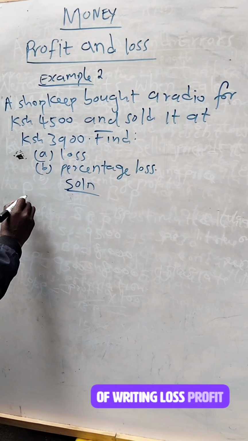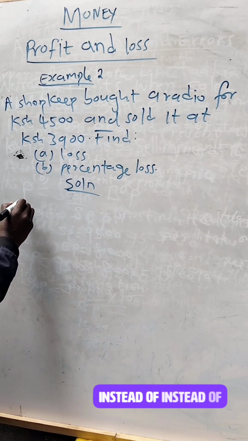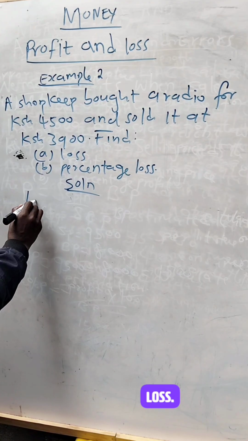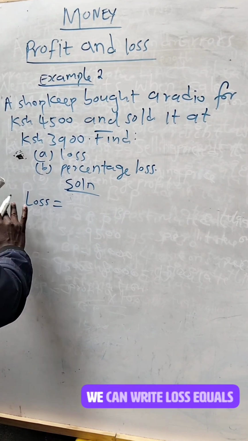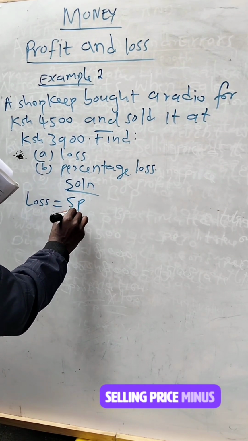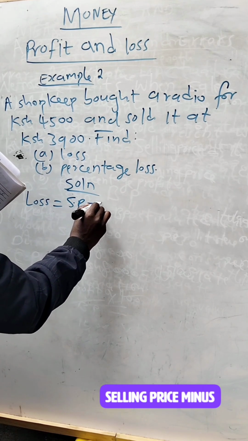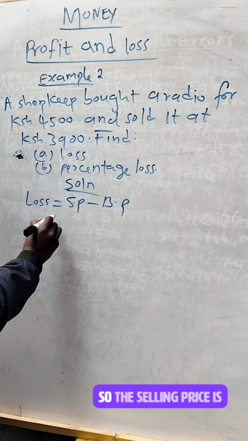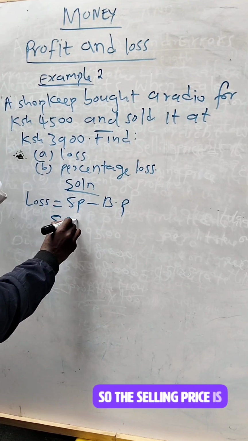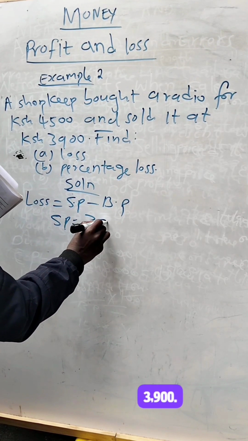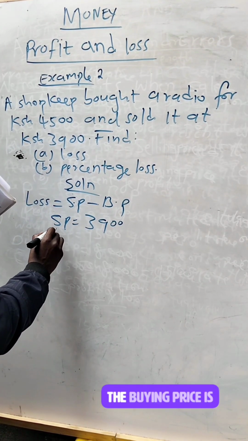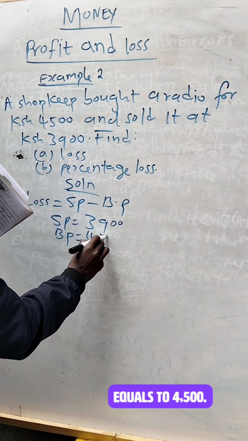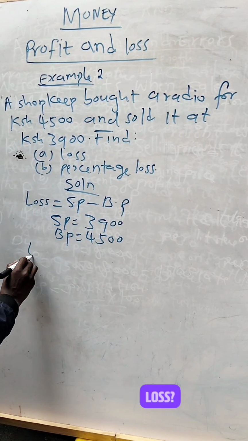Instead of writing profit, we write loss. You can write loss equals selling price minus buying price. So the selling price is equal to 3,900. The buying price is equal to 4,500. So what will be our loss?